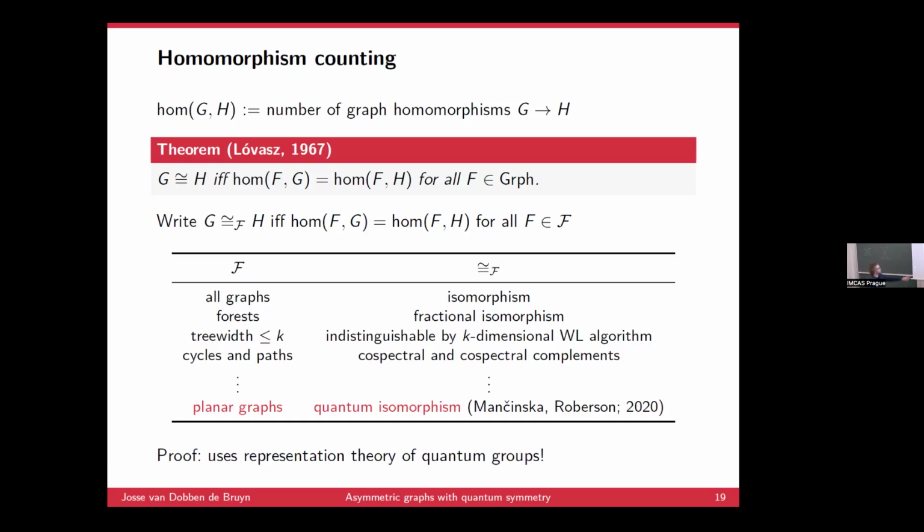Okay, and so actually this proof, as I was saying, it's already spectacular that we have a purely graph theoretic description of quantum isomorphism. You're just counting homomorphisms from planar graphs. There's no quantum anything going on. But what's even nicer, and you'll appreciate this, is that actually the proof uses representation theory of quantum groups.